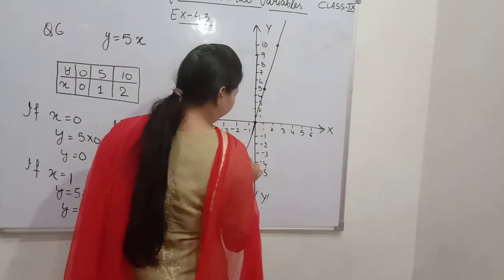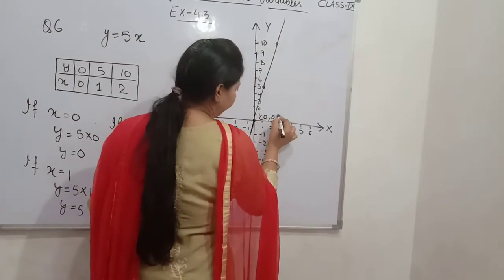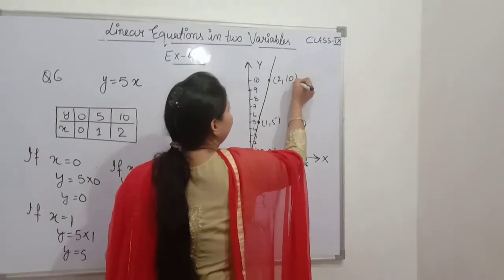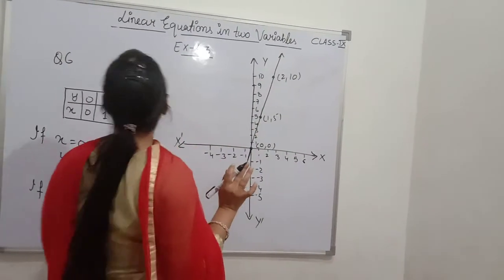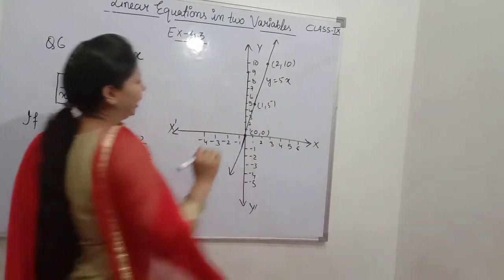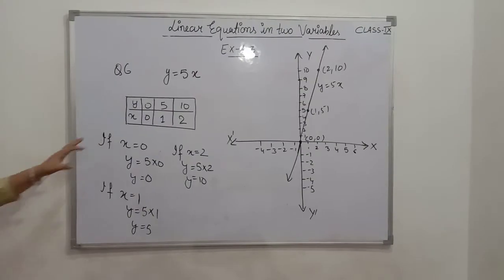This is 0, 0. This is 1, 5 and this is 2, 10. So this is the graph of equation y is equals to 5x. Hope this is easy to understand.